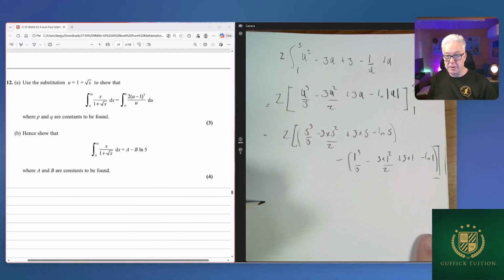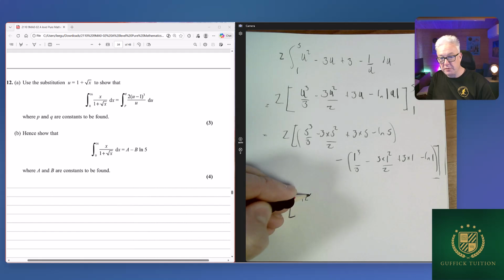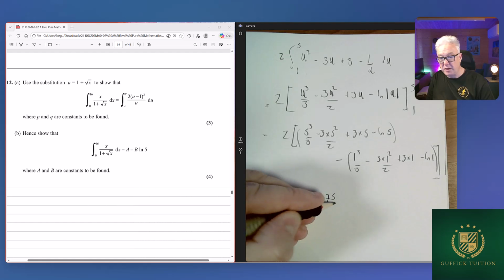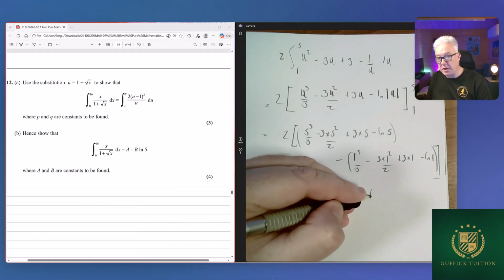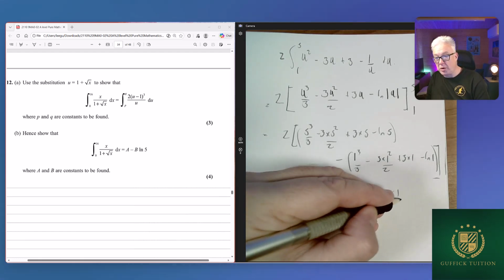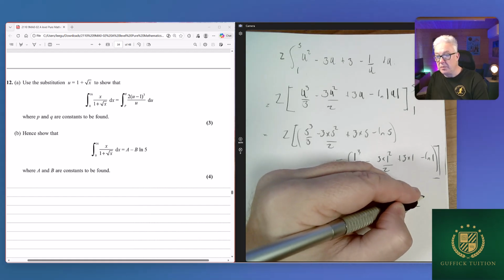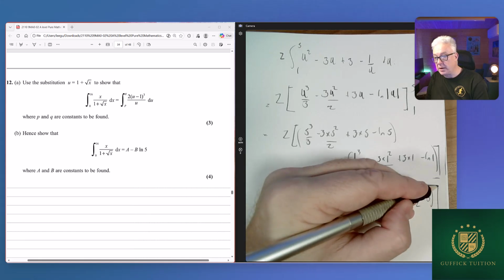Okay, so let's see what that's going to go to. That is going to be 5 cubed, which is 125 over 3 minus 3 times 25, which is 75 over 2, plus 3 times 5, which is 15, minus ln 5. And then that is going to be minus 1/3 minus 3 over 2 plus 3, and then ln 1 is 0. So like that.